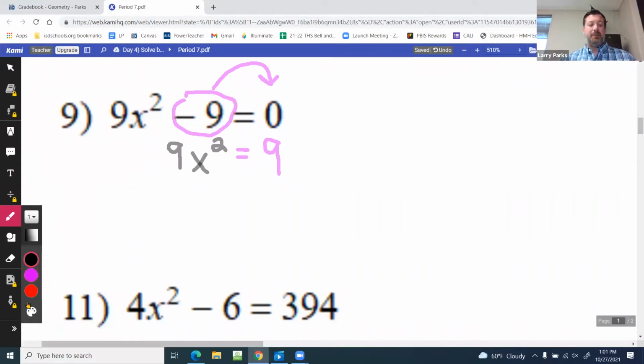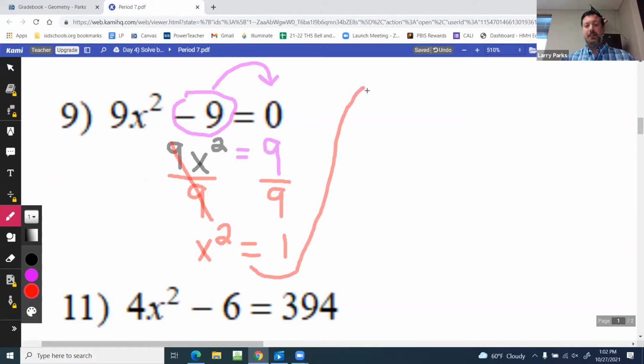From there, I am going to divide. I'm trying to get the x squared by itself, so I'm going to divide both sides by 9. The 9's cancel, and now I get x squared equals, and 9 divided by 9 is 1. I take the square root of both sides.